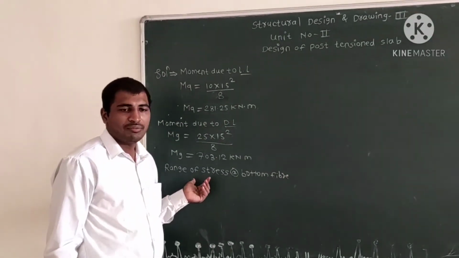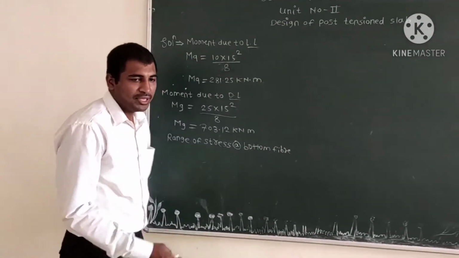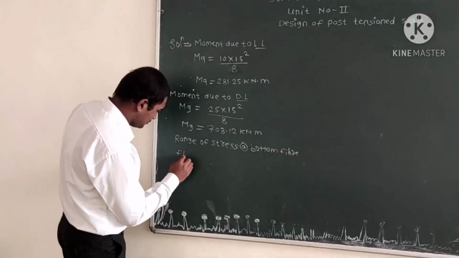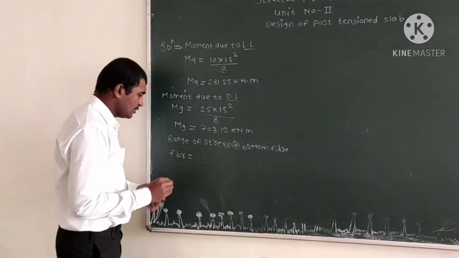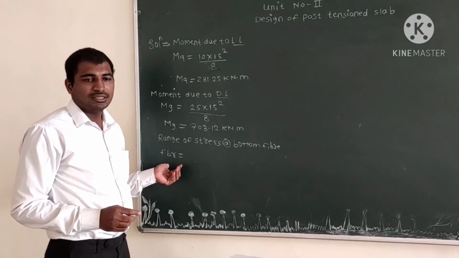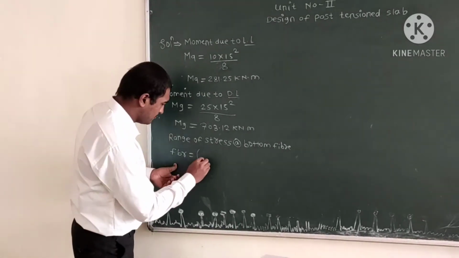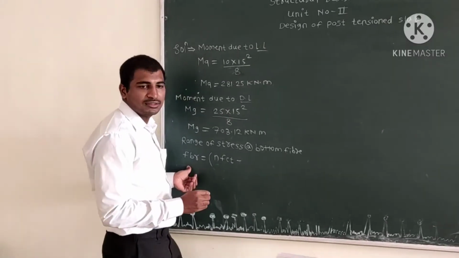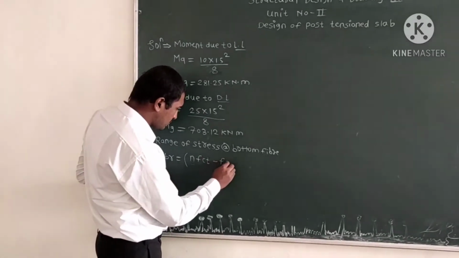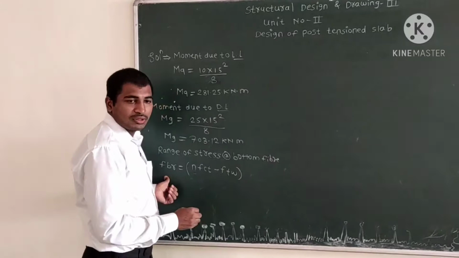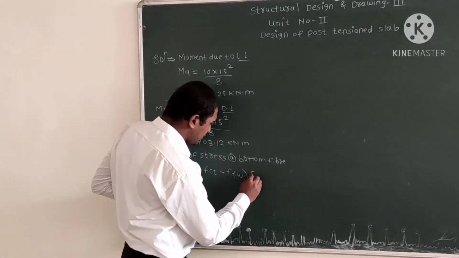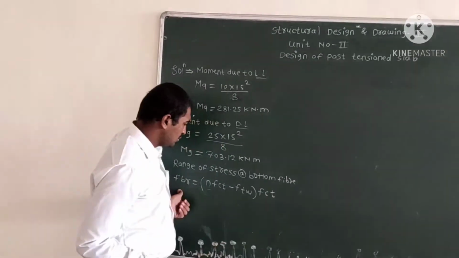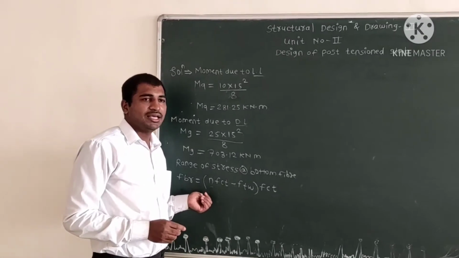Range of stress at bottom fiber is FBR. The formula for FBR is n FCT minus FTW into FCT. This formula is given in the IS code.